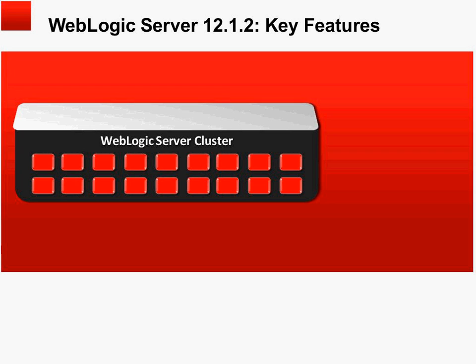So rather than setting a fixed size for the cluster, you set a min and a max, and then based on your workload requirements, you can have WebLogic Server dynamically scale up or scale down. You can do this with a simple command line to scale up or scale down, and it takes care of things like ports and machine naming and so forth.